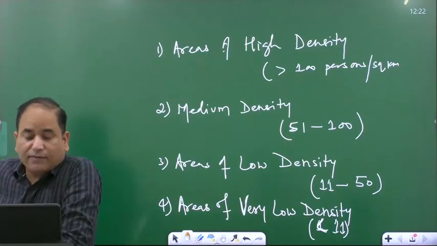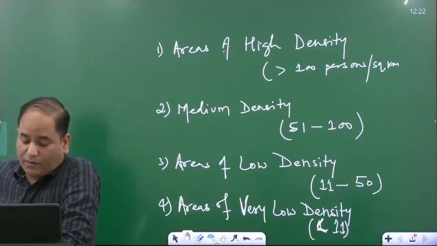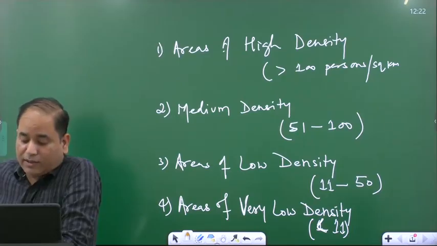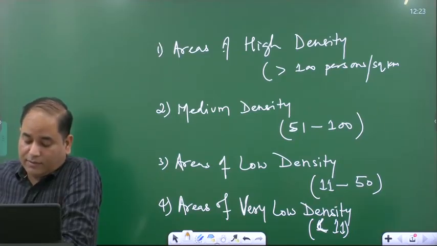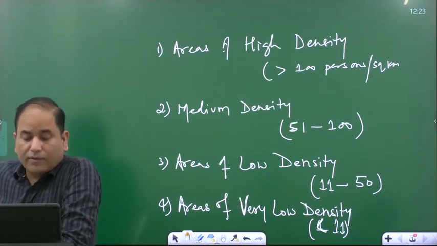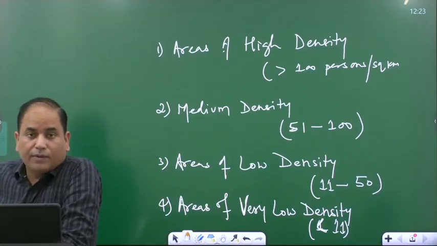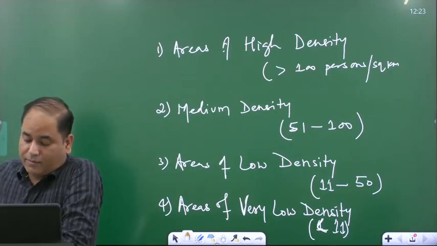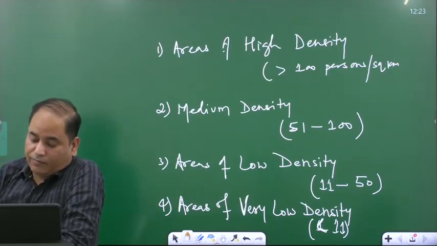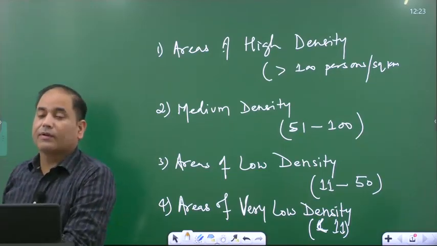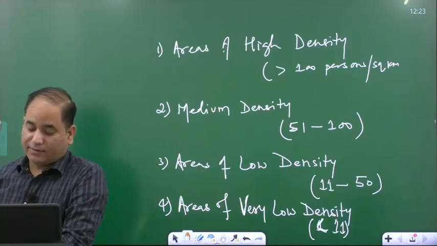Quickly note down the areas of low population density. Low population density is recorded in Ecuador, Panama, Peru, South Africa, Tajikistan, Saudi Arabia.